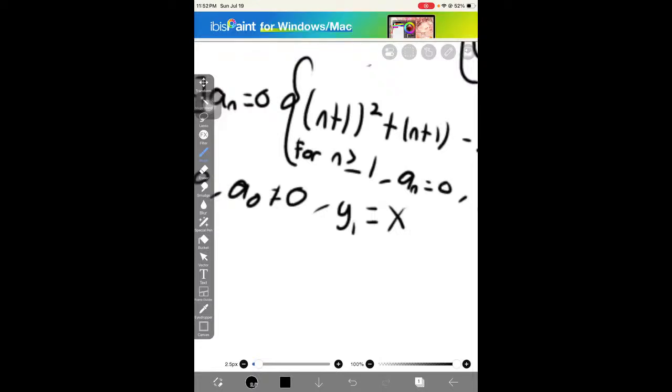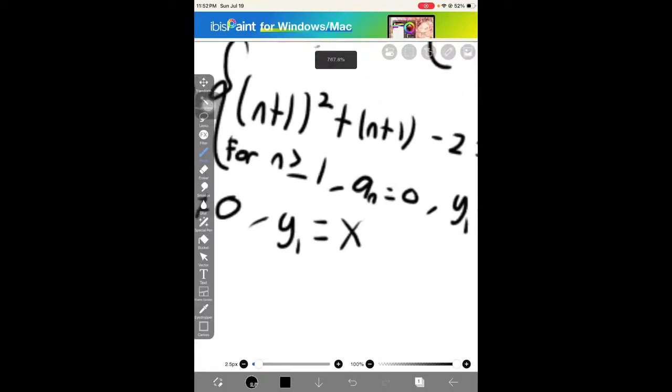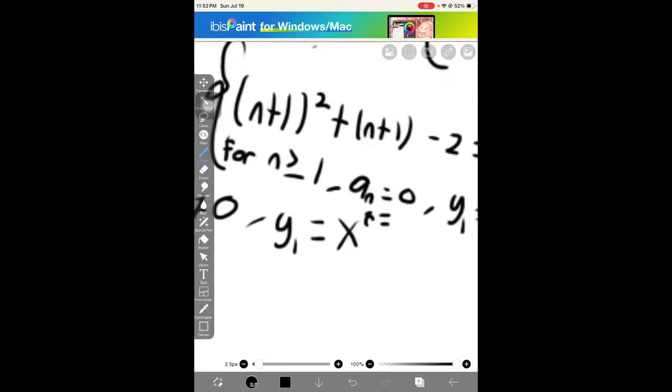This is the homogeneous solution. No, that's not complete yet. x, because r equals 1. We chose r equals 1. So we need to complete our homogeneous solution before we move on to the particular solution.